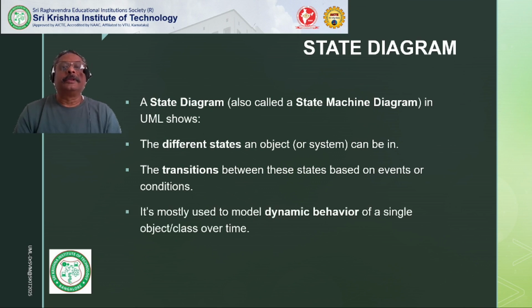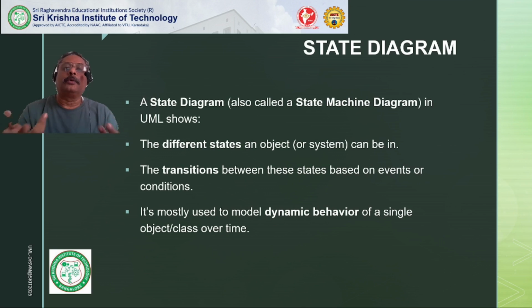It is mostly used to model the dynamic behavior of a system object or class over time. So we are not talking about all the objects simultaneously; we are talking about the behavior of one object, and just focusing on it and seeing along the timeline whether the object changes its behavior.